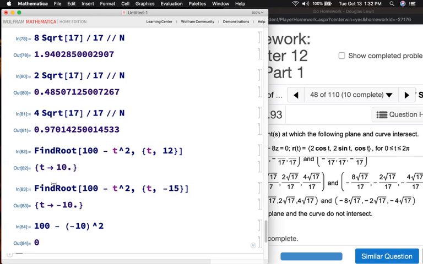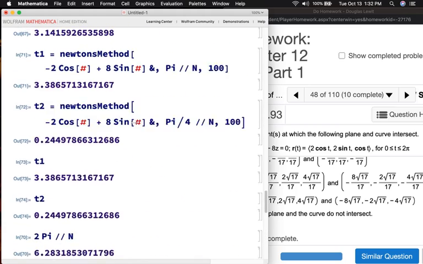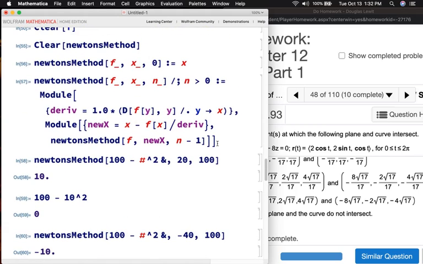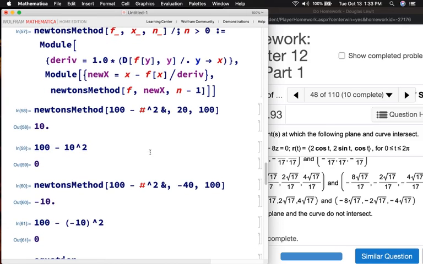You could use FindRoot as well, but I think it's more fun and more challenging to build your own root finding functions in Mathematica. This really does the same thing as FindRoot. But here, I strongly recommend that your function should be an anonymous function. An anonymous function uses lambda variables. Instead of using x, y, z, a, b, c, whatever, you simply use the generic hash symbol, and at the conclusion of your function, you use the ampersand.